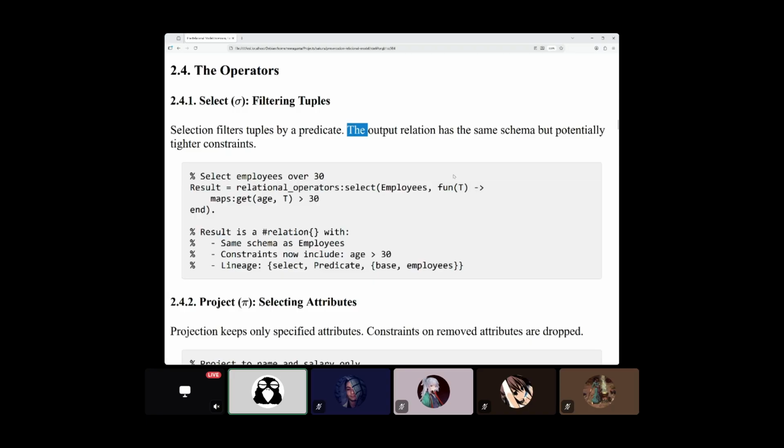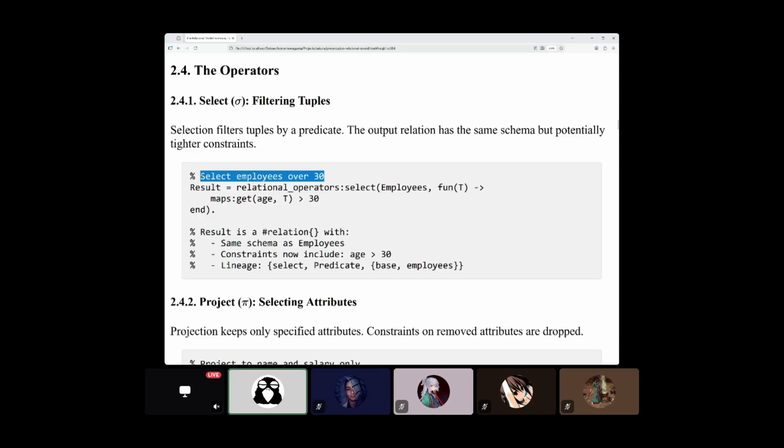What is the additional constraint? This new predicate. So when I select employees over age 30, this is a new constraint. This is part of the meaning of what it means to be this new result. The result relation is essentially just the employees over age 30. That's the new predicate.